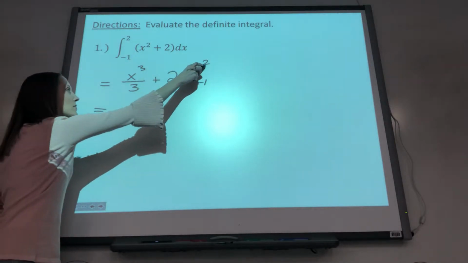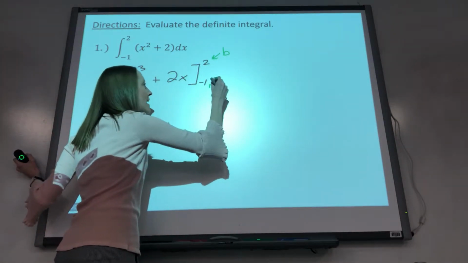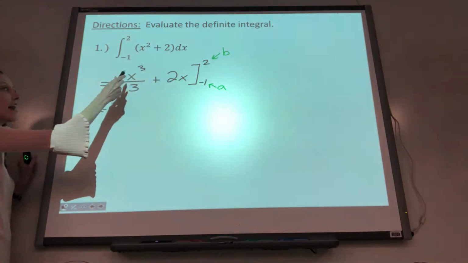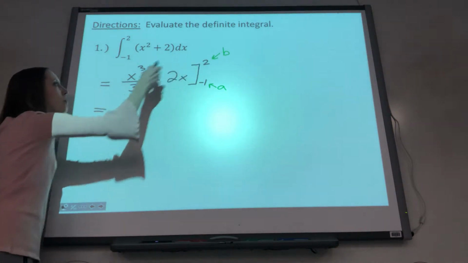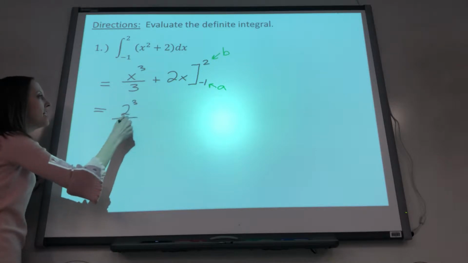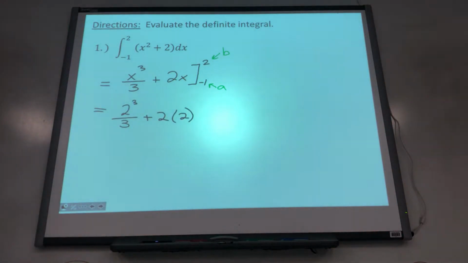So, in our case, this is B and that is A. So let's take this, which is the capital F right here, and plug in the 2 first. Wherever I see x, I'm replacing it with 2.